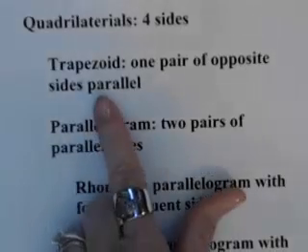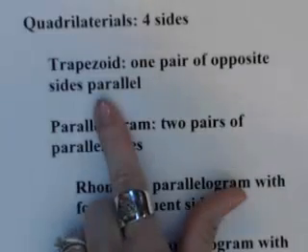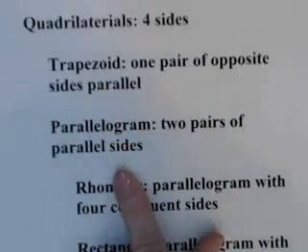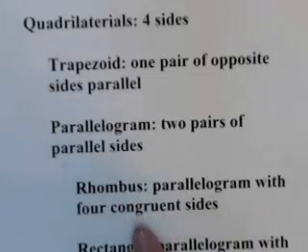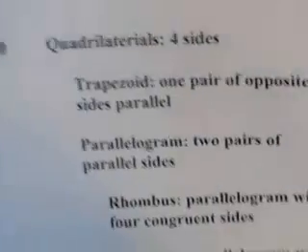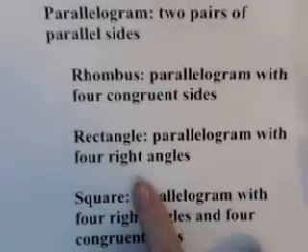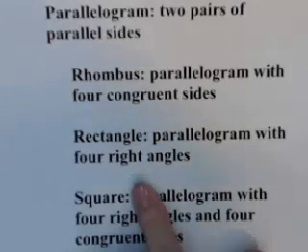So we say a trapezoid has exactly 1 pair of opposite sides parallel. A parallelogram has both pairs of opposite sides parallel. A rhombus is a parallelogram that has 4 congruent sides. A rectangle is a parallelogram with 4 right angles.